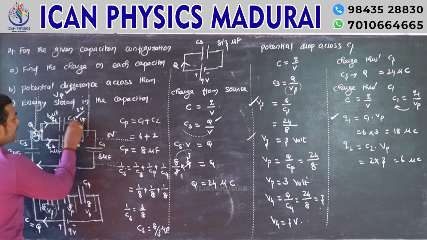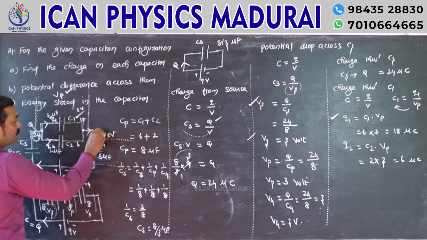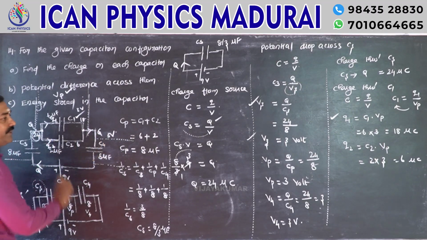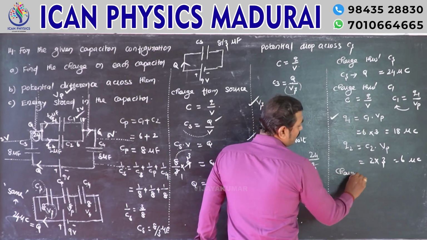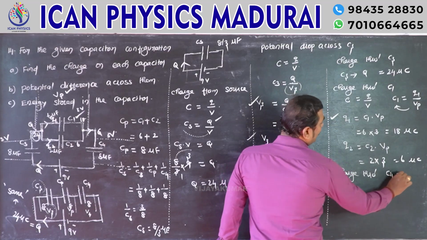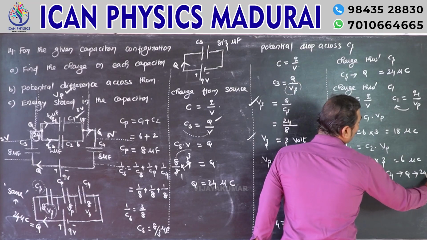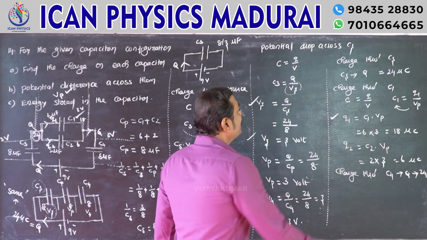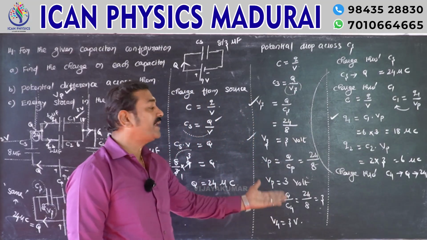Once again, these charges combine here and the same charge Q is flowing through C4. So charge through C4 is also capital Q, 24 microcoulomb. So the first case and the last case are the same. But how can we modify this?